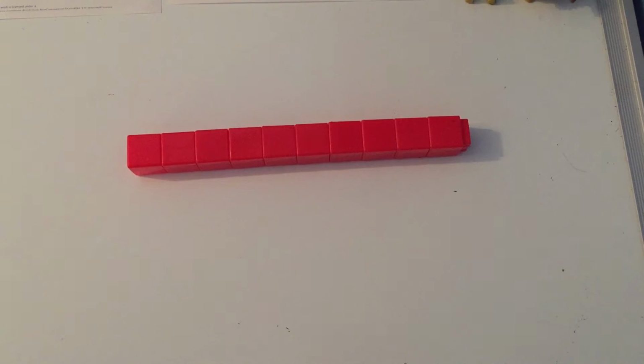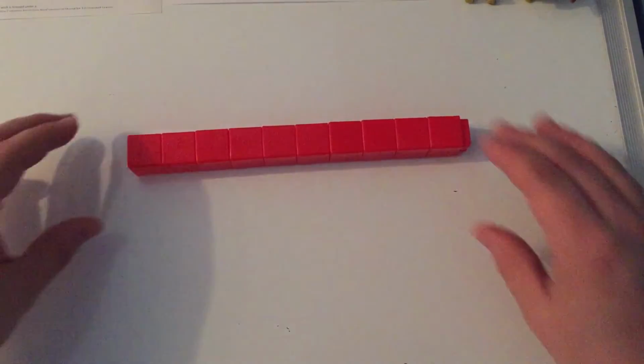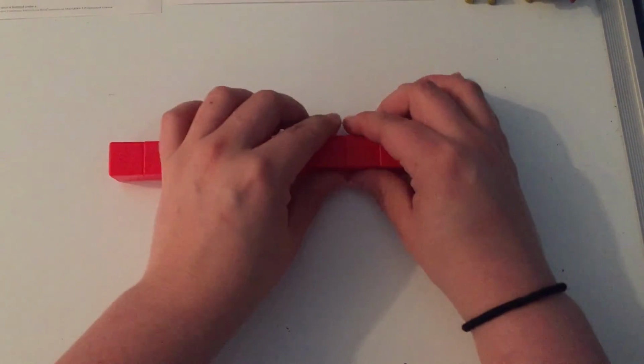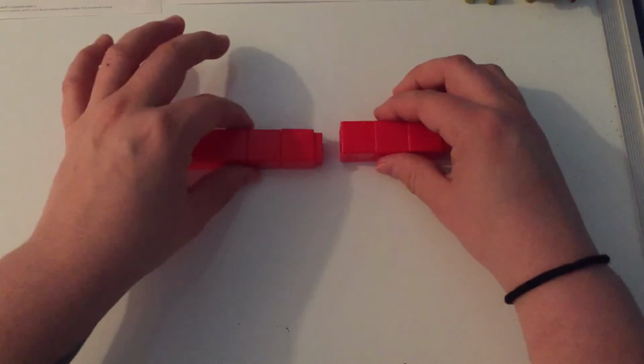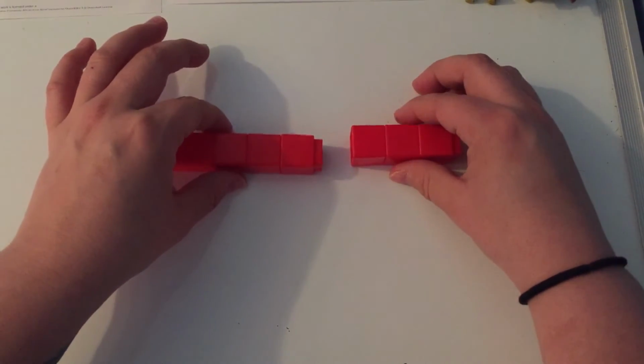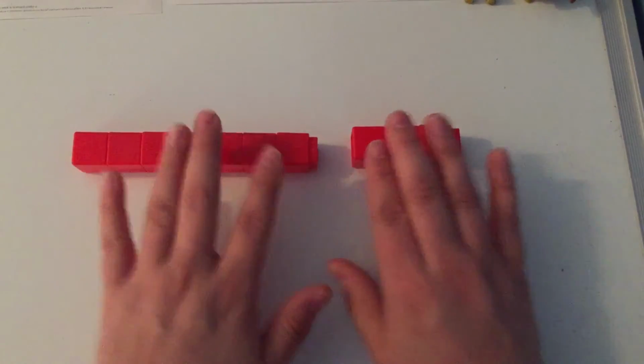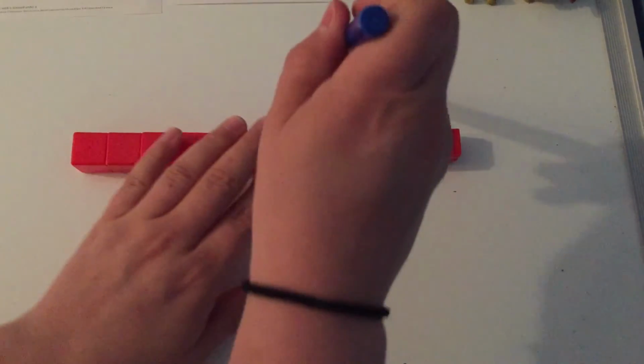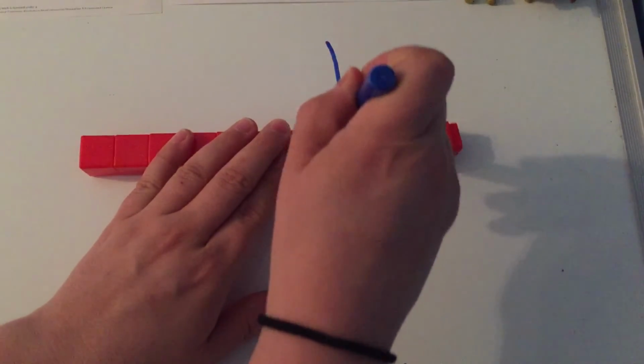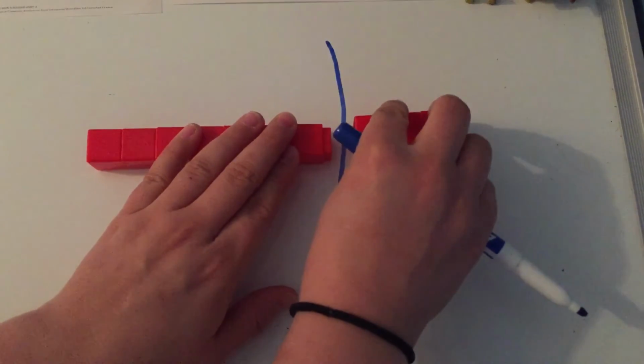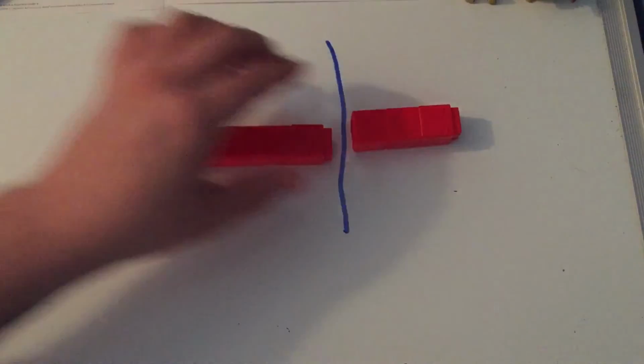I ate 3 grapes. What can I do when I'm using cubes to show take away? Right, I can pick these cubes up. So I'm going to break 3 cubes off. So now I'm going to take my marker and draw a line to show how I broke them.